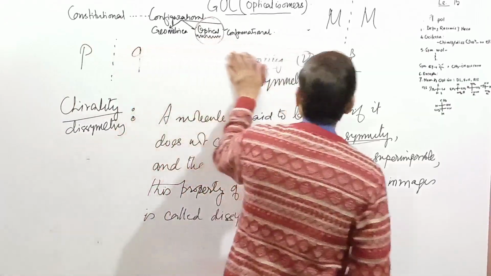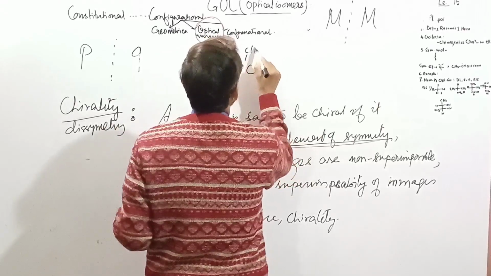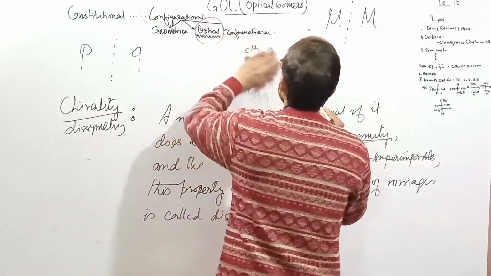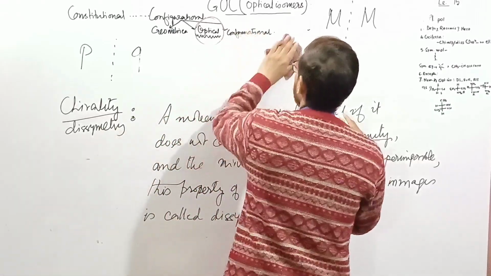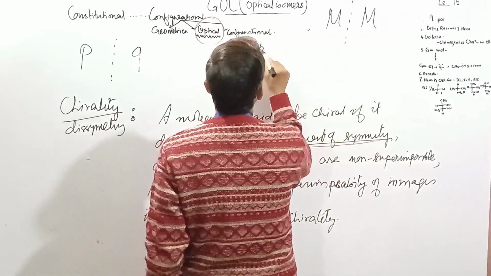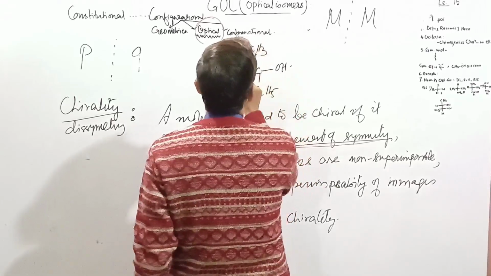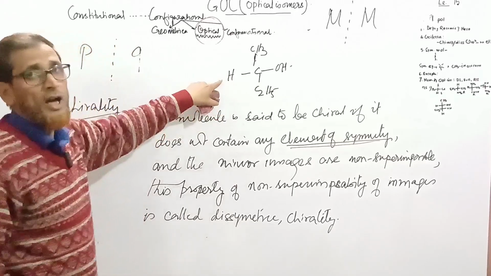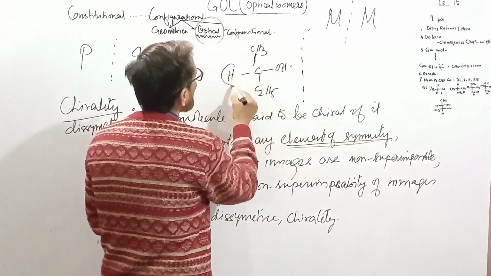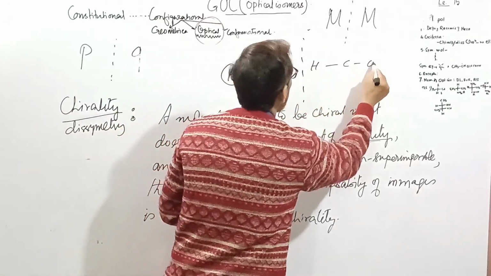Let me take one example. Say you have this compound. Now if you take the mirror image of this one, you will get the change of this one. This will come here and this will go over there.